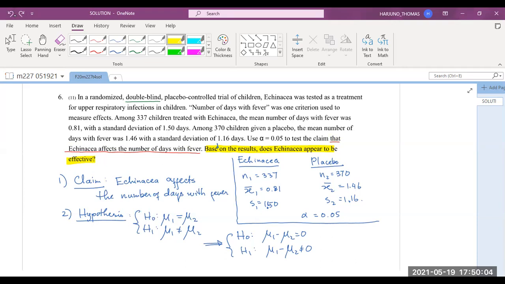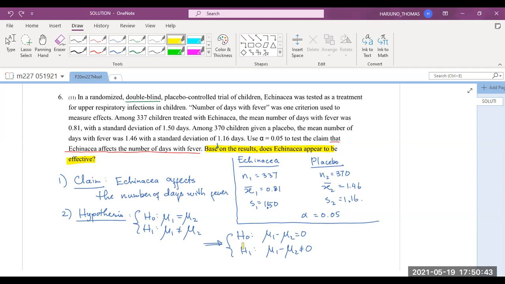Now, from here, I want to teach you one thing. You may say the claim is that echinacea affects the number of days with fever, but then in your step 6 later on, you may say echinacea appears to be effective, which was not what you tested. You were testing the claim of whether echinacea affects the number of days. So your conclusion cannot be about it being effective in reducing the number of days with fever. You see how people claim one thing, but conclude another.